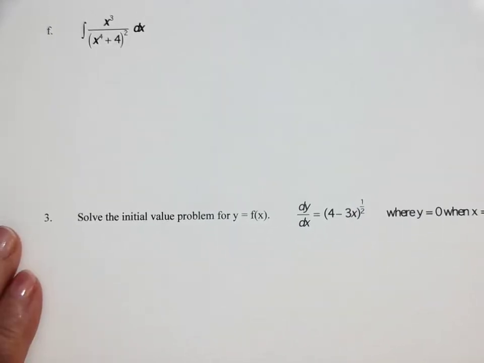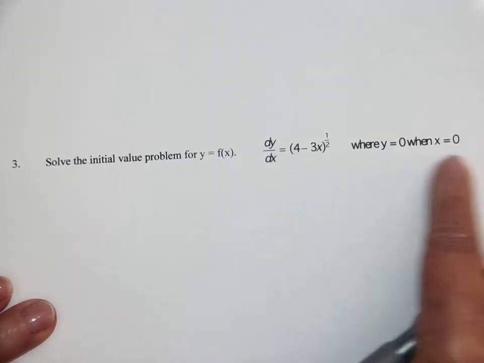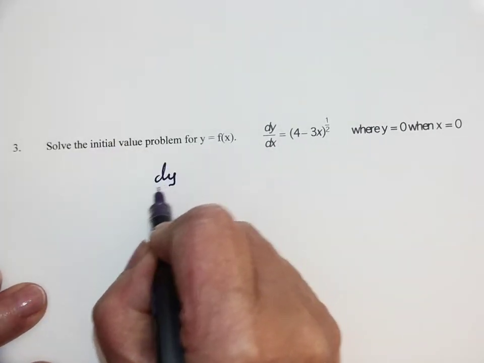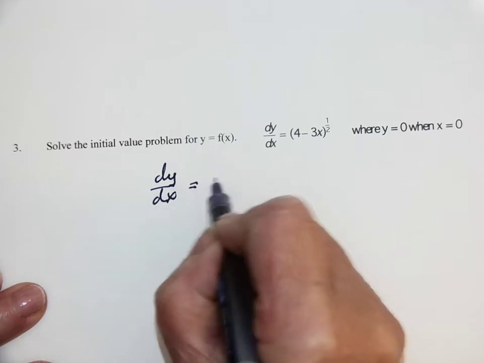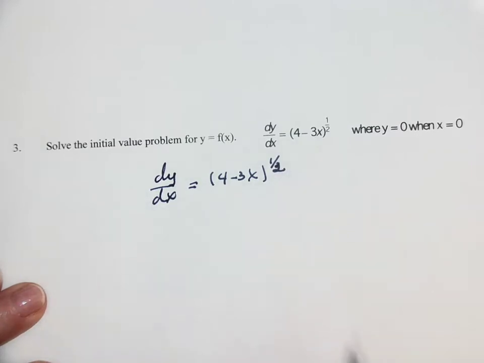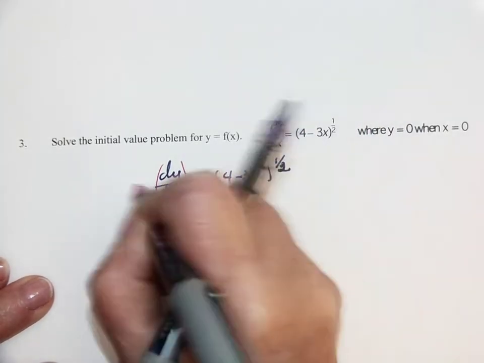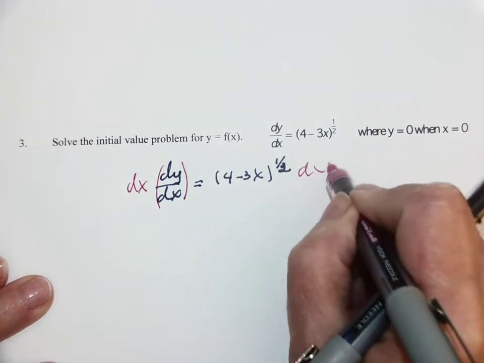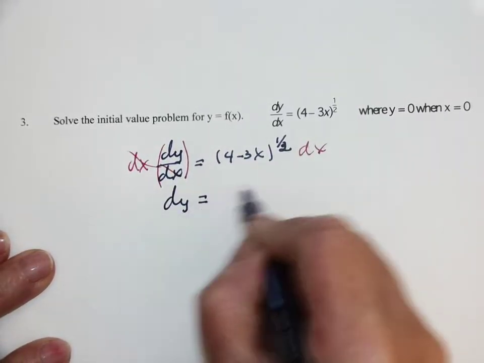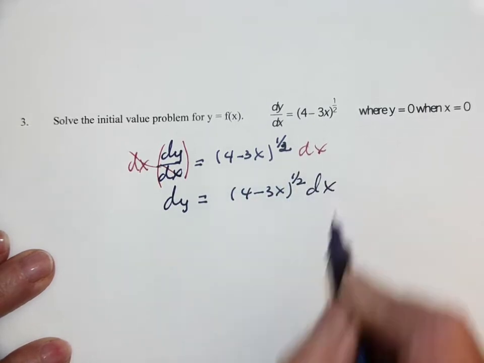Can we do number 3? I thought so. This says it's an initial value problem: dy/dx is 4 minus 3x to the 1/2. Remember, the first thing we do is multiply both sides by dx, so that dy is 4 minus 3x to the 1/2 dx.